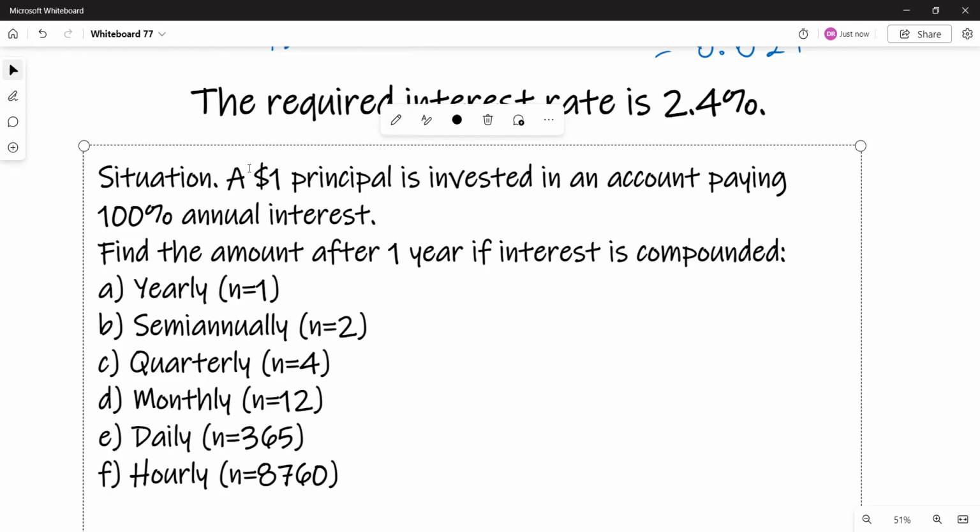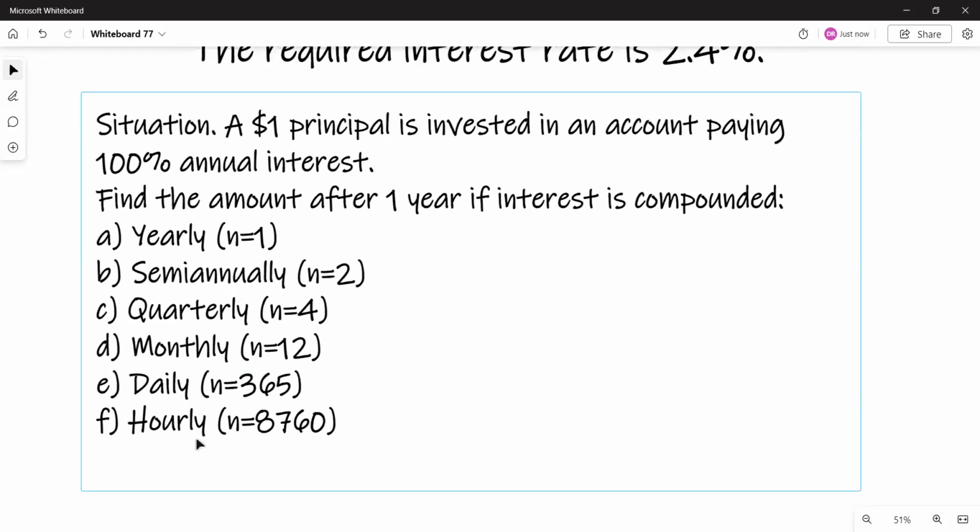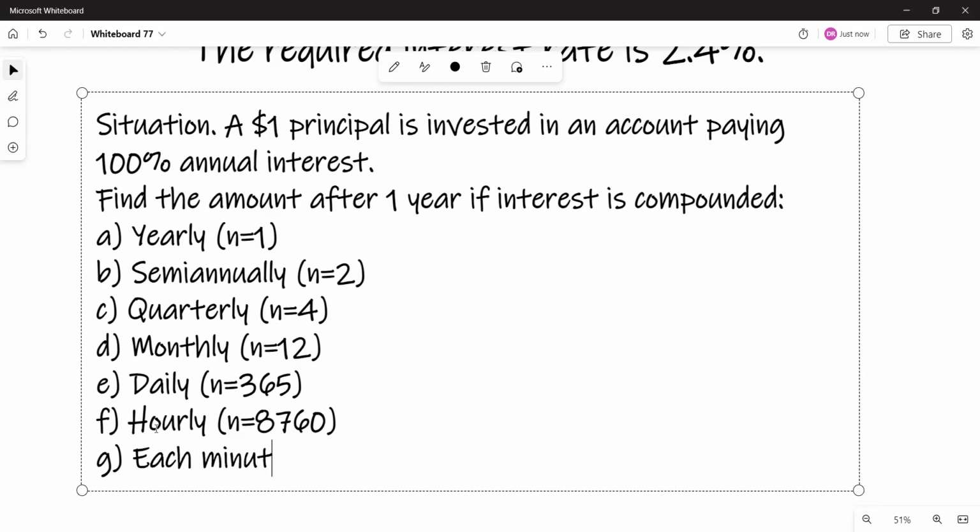And if for some reason it's compounded each minute, there are 8,760 hours in a year, and each hour has 60 minutes. So multiply 8,760 by 60. That's going to be 525,600. And I could keep on going, like each second and so on, but I think that's enough to get the idea.